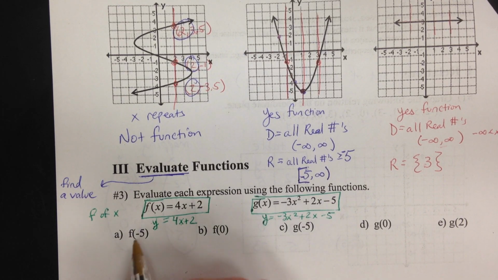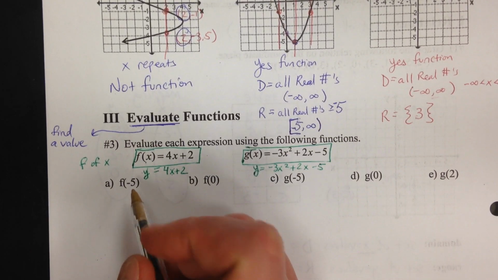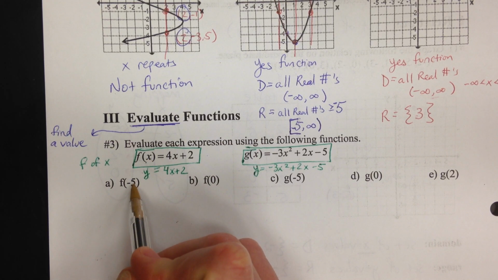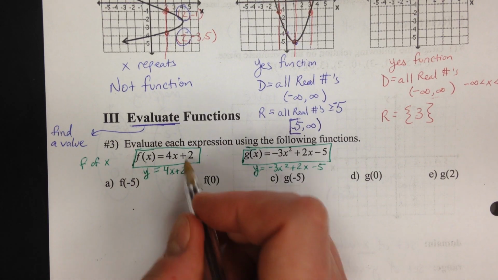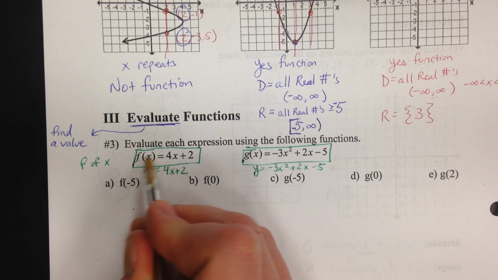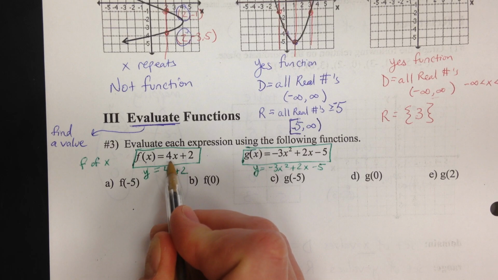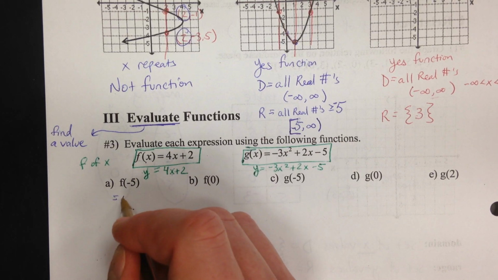All right, so part A is f of negative 5. What that means is we're going to take the f function. Now instead of putting an x in, we're going to put the number negative 5. I don't need to rewrite the f of x part. What I'm going to copy down is 4x plus 2.